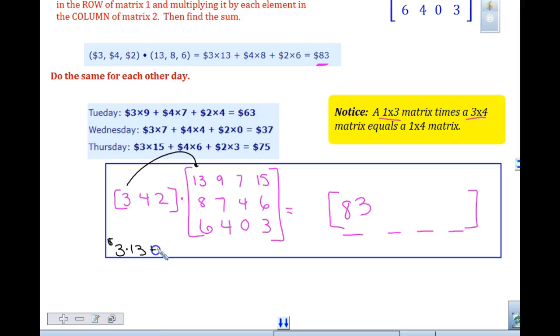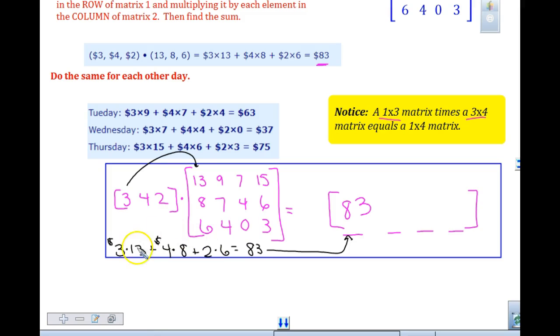Plus, we're taking the 4 times the 8. Plus, we are going to take the 2 times the 6. That's 83. That goes in our first one. Okay, write it down. You don't have to totally understand it right now. You need to write it down so when we do the next one, you're ready to keep going.